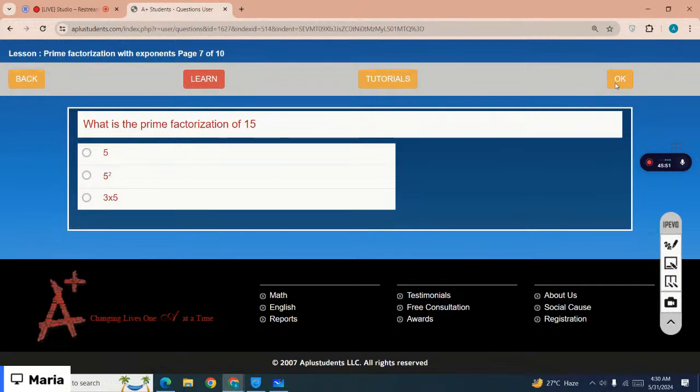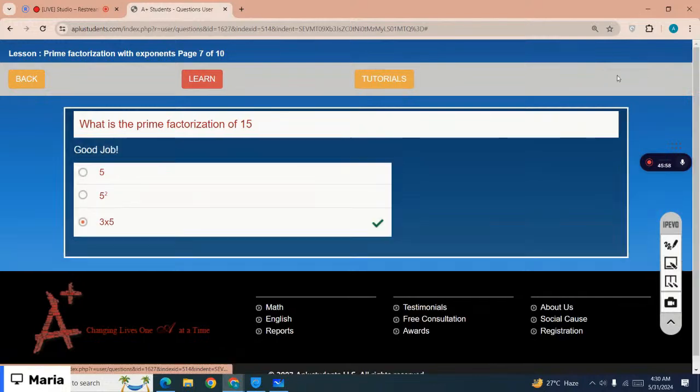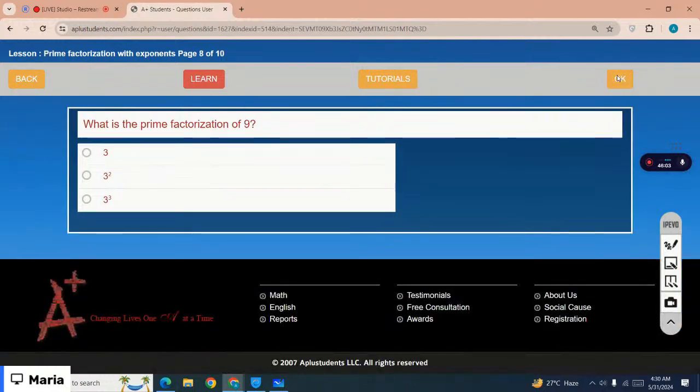That is 3 times 5. Option number 3 is the correct option, right? What is the prime factorization of 9? Which is the correct option?